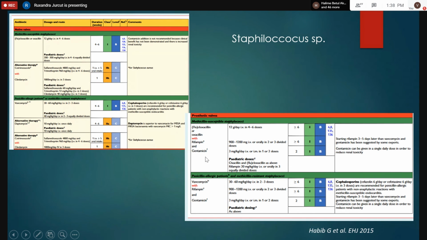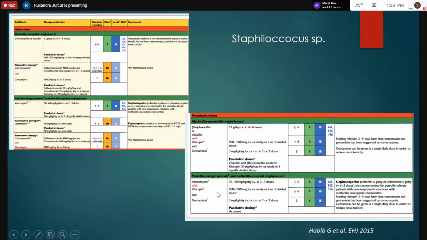With prosthesis, you have to give an association of antibiotics because, again, with the sutures and the risk of abscess, there might be a need for even stronger antibiotic treatment, and then you can give either oxacillin plus rifampicin and gentamicin, or in methicillin-resistant Staphylococcus or allergic patients, vanco plus rifampin and gentamicin.